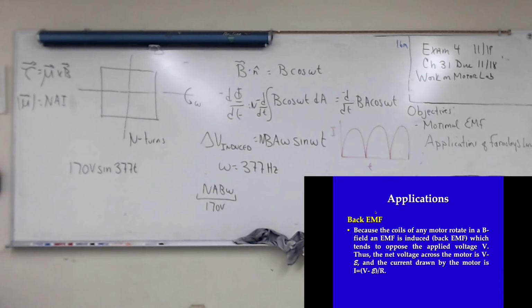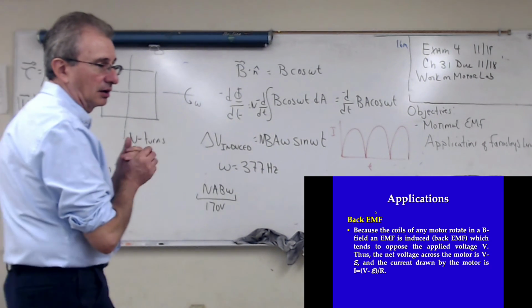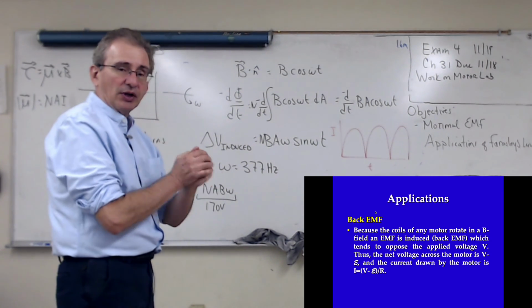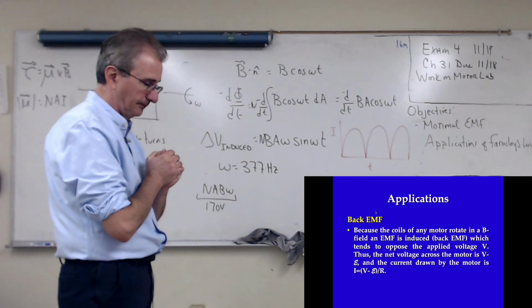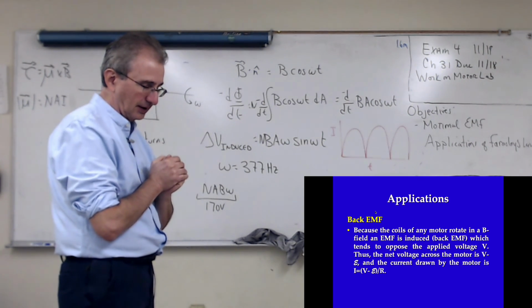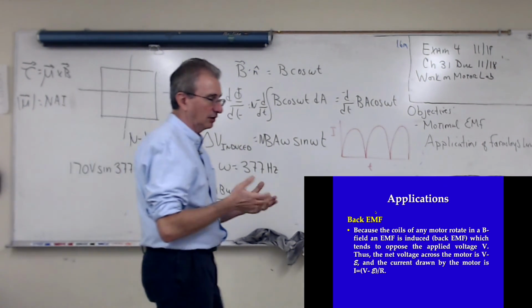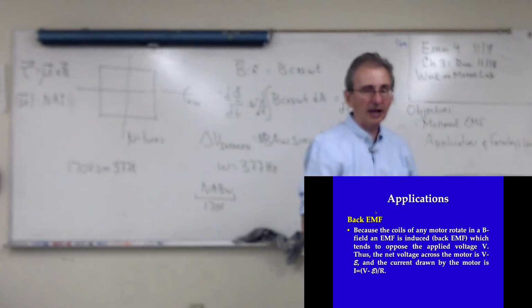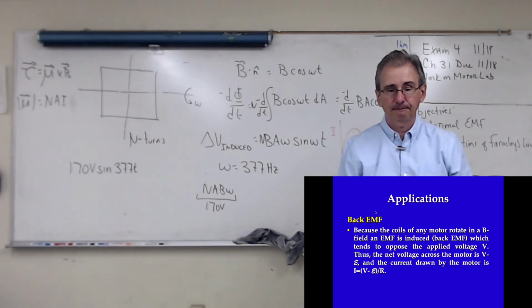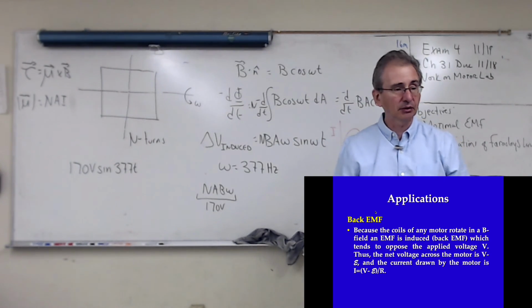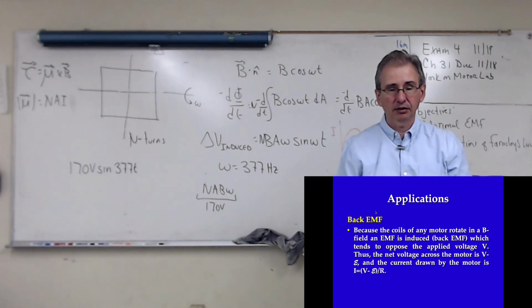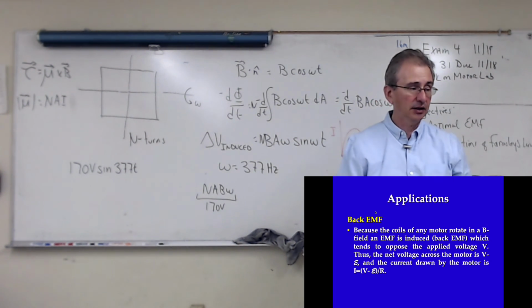All right, I just want to say a couple more things, and then I'll be done. Suppose you have a motor and you turn it on. What is a motor? You have a loop of wire and a magnetic field. You're building one, right? You have a loop carrying current that's rotating in the magnetic field.